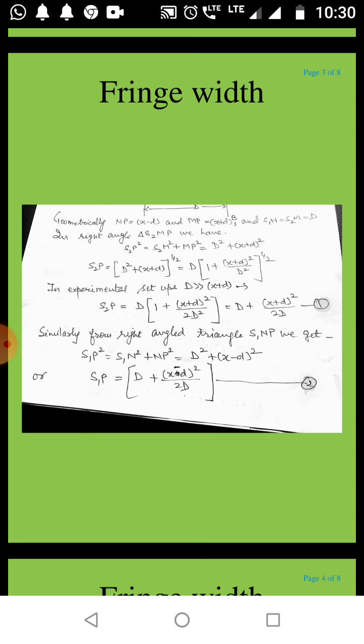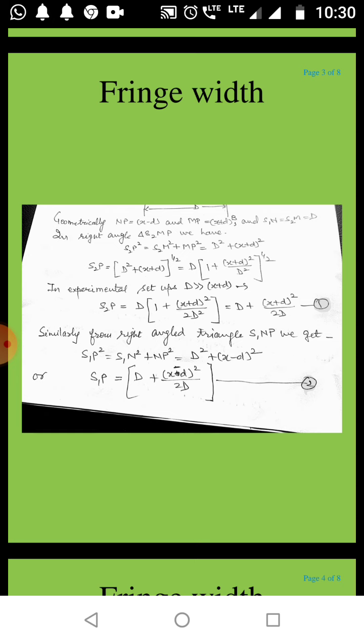Geometrically, NP is equal to x minus d and MP is equal to x plus d, and S1N is equal to S2M is equal to D, which can be easily seen in the figure above.